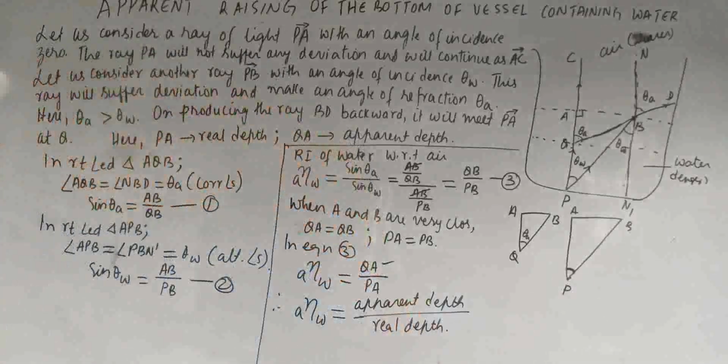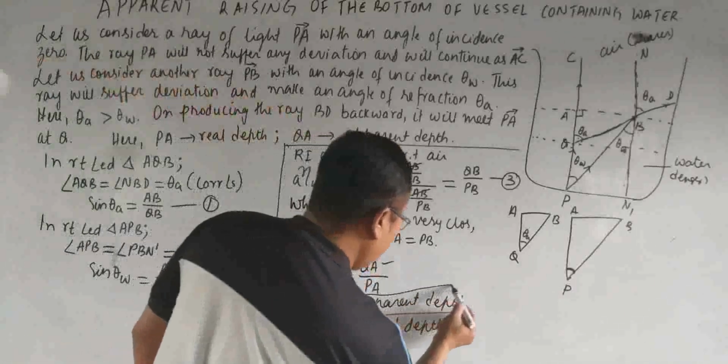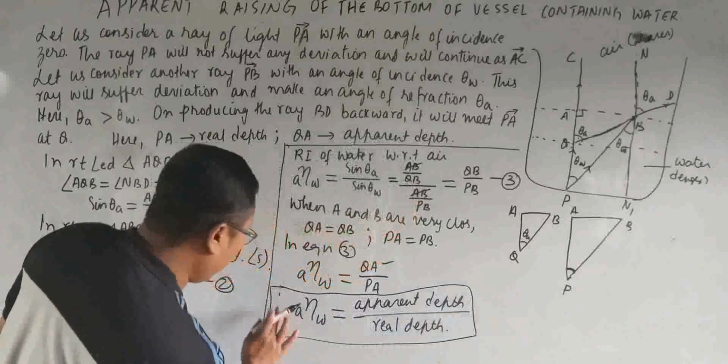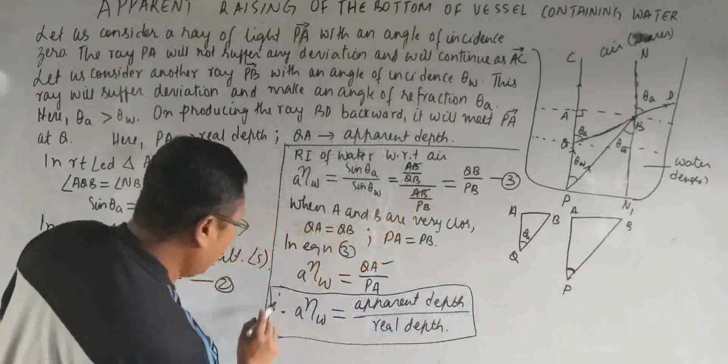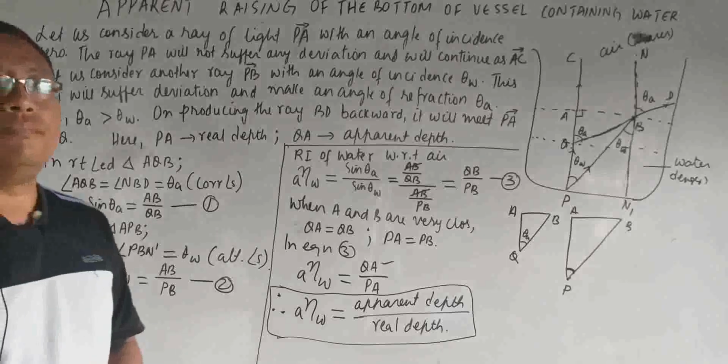So this completes the proof, and this is a very important question from the examination point of view. I hope you will all understand the derivation, and in case you have any question, you may ask me. Okay, thank you.